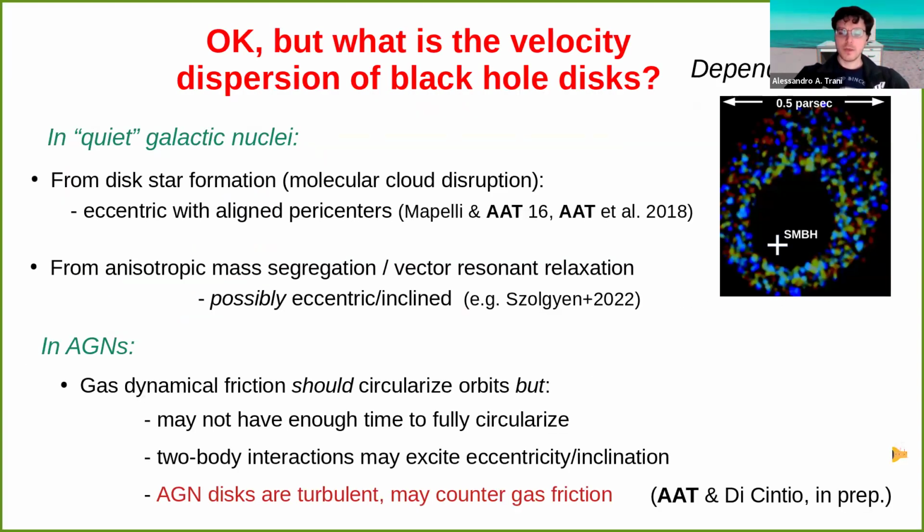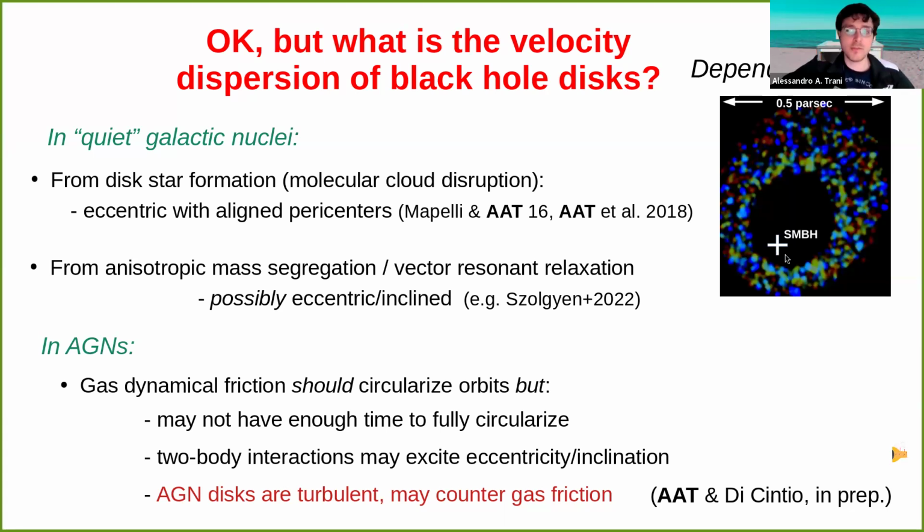Something I didn't mention earlier is what the velocity dispersion actually is. The velocity dispersion affects a lot the merger efficiency of the binary encounters in a disk, and this crucially depends on the origin of the disk. As I said, we might have formation of disks in dry or quiet galactic nuclei.